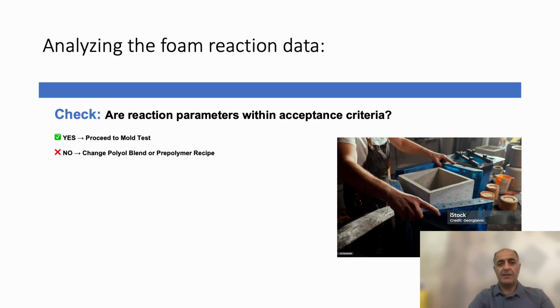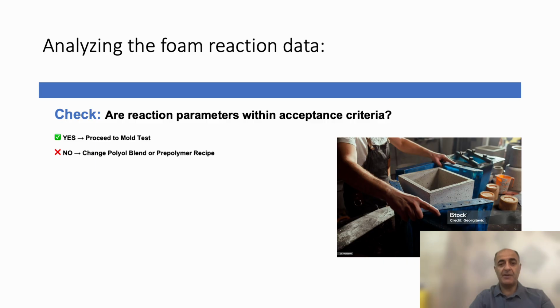After measuring the reaction data in the previous section, we will analyze the foam reaction data, for example, cream time, string time, tack-free time, and so on, and compare the data with the acceptance criteria which were defined before by the polyurethane experts in the lab.